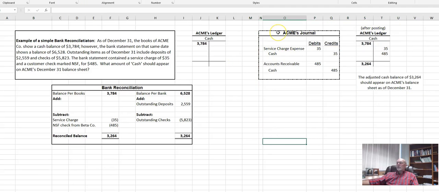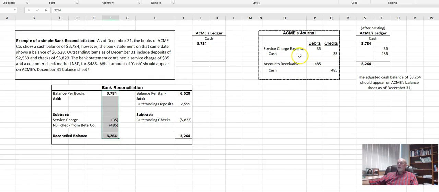Here in our journal, everything in this column needs to be recorded. It's just these two items here. Both of them represent a minus to cash. So both of them would be recorded with a credit to the cash account.